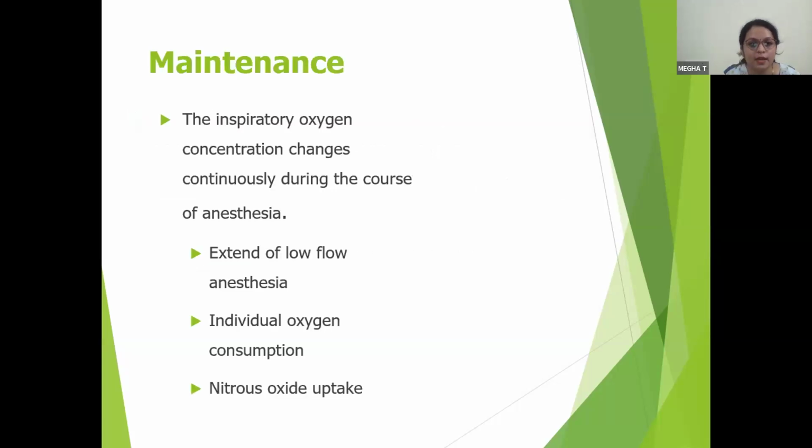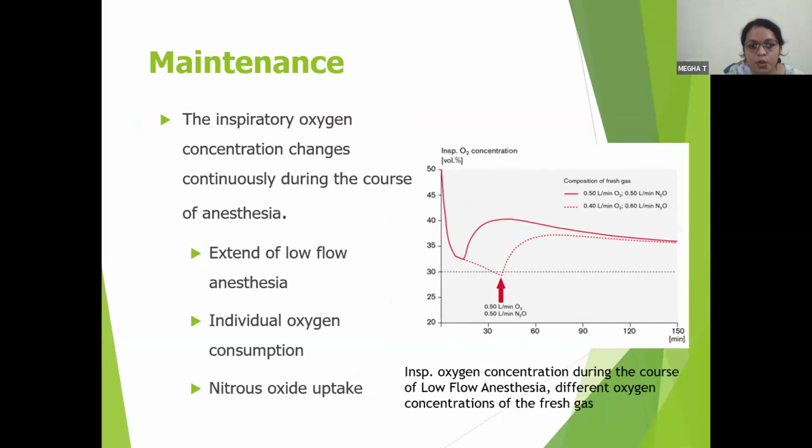So in the maintenance phase, the inspiratory oxygen concentration changes continuously during the course of low flow anesthesia, and you should know about the individual oxygen consumption and nitrous oxide uptake. So this is a graph. You can see the inspiratory oxygen concentration during the course of low flow anesthesia. The red line depicts the composition of fresh gas flow, that is almost 50-50: 0.5 liters per minute of oxygen and 0.5 liters of nitrous oxide.